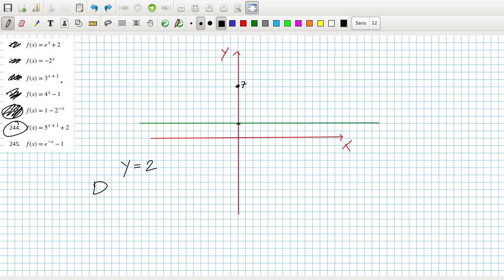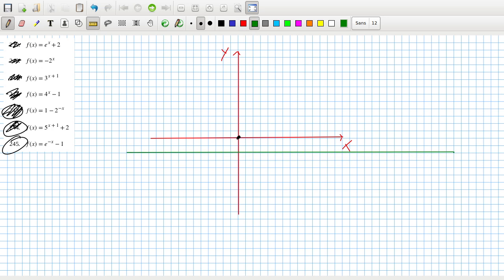Now on to the last one. 245. So when x is 0, that's e power 0, which is 1, so that'll pass through here. When x goes to infinity, this vanishes, and so the asymptote is going to be -1.